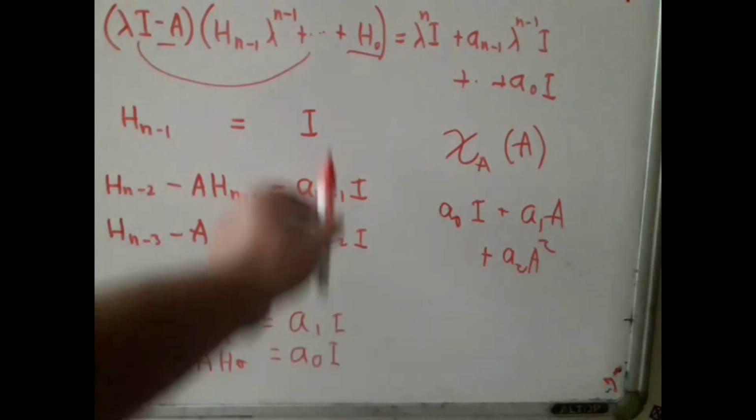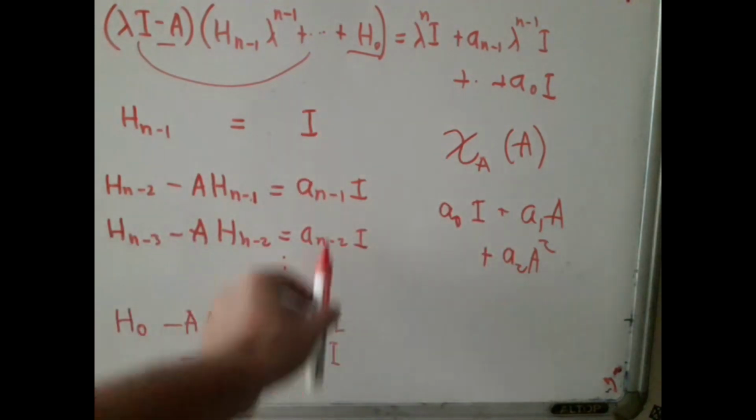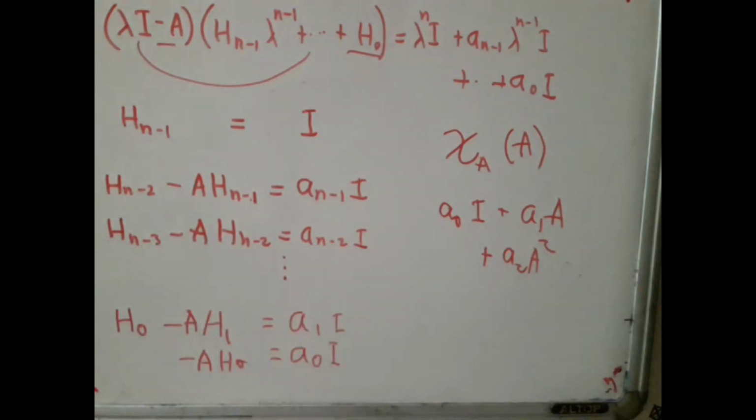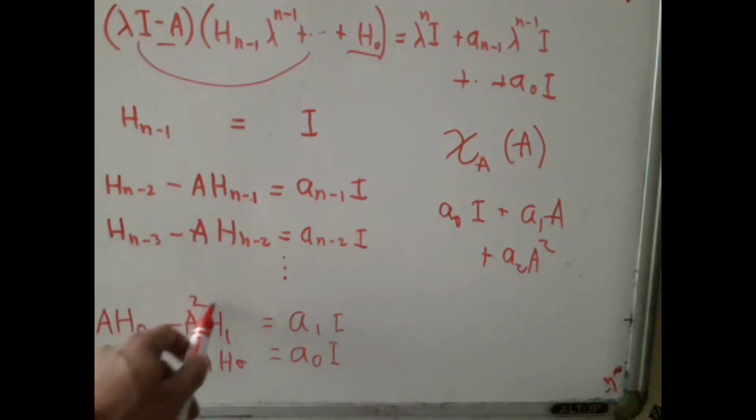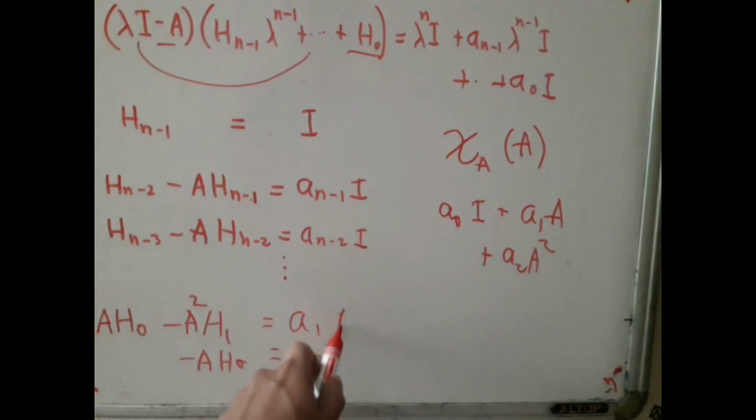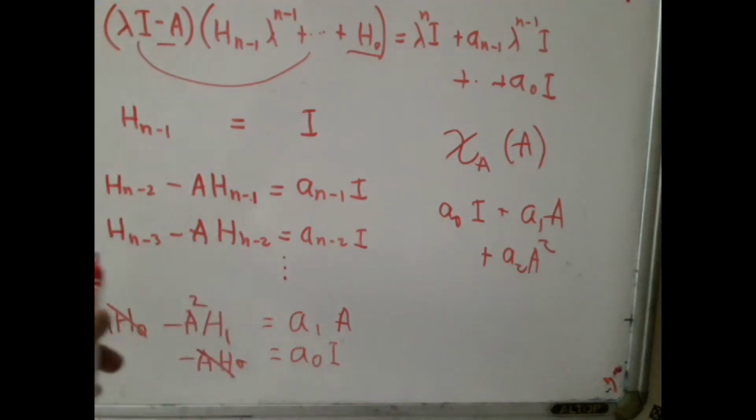So basically you want to get the characteristic polynomial evaluated at A on this side. Now what happens? If I multiply this with A, you have an A here, and you have an A squared here. The moment you add, you see that this and this nicely cancel out. Once you multiply the preceding one with A squared, similarly this and this cancel off, and you get cancel, cancel, cancel.